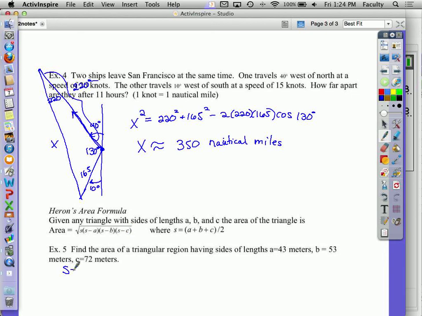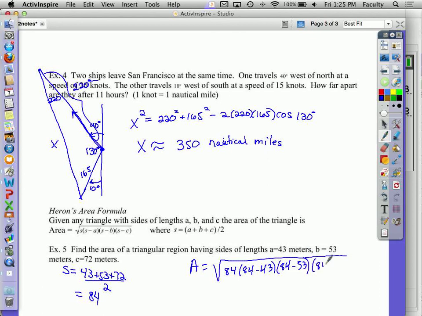So the first thing you want to do is find S. That's 43 plus 53 plus 72 divided by 2. So I got S was 84. My area then is the square root of 84 times 84 minus 43 times 84 minus 53 times 84 minus 72.